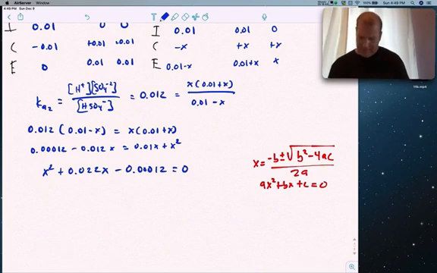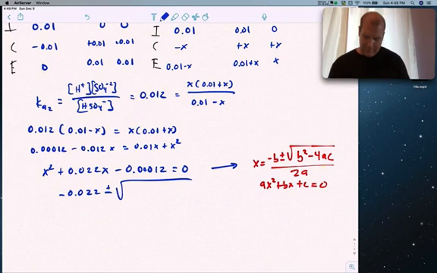And then we have to put it into the quadratic equation. Minus 0.022 plus or minus the square root of b squared, 0.022 squared, minus 4 times a is 1, c is minus 0.00012, all over 2a.